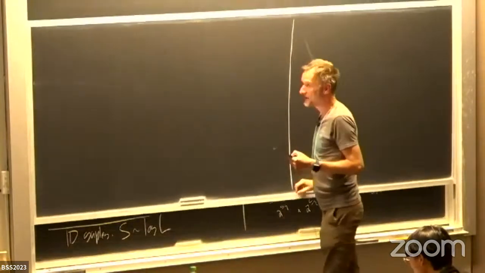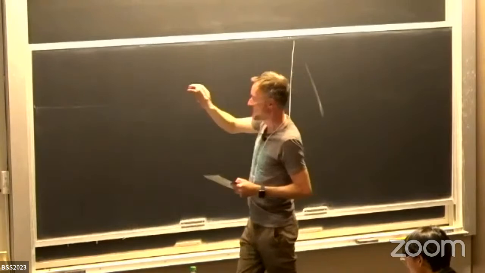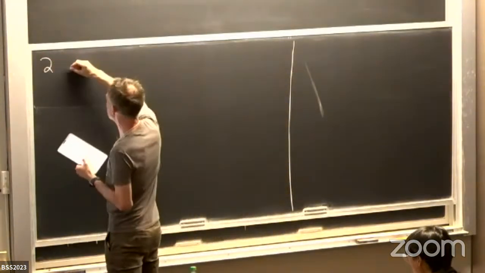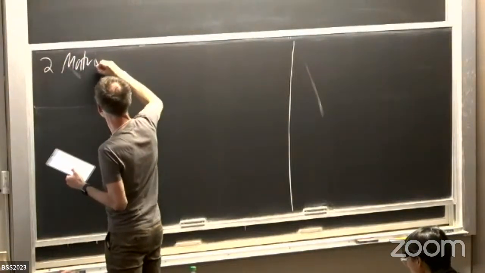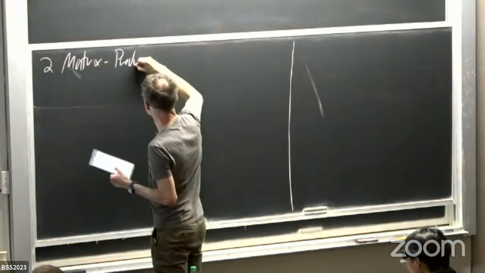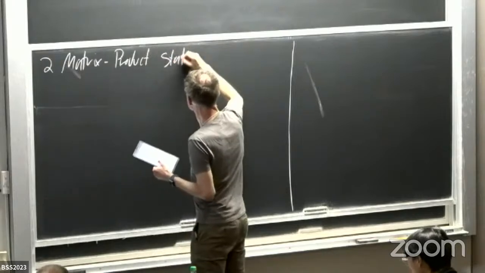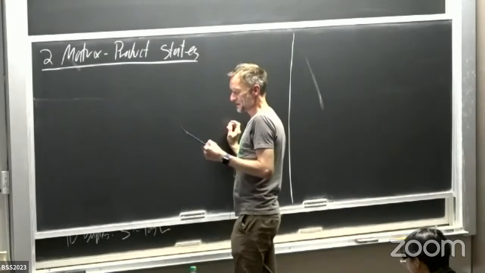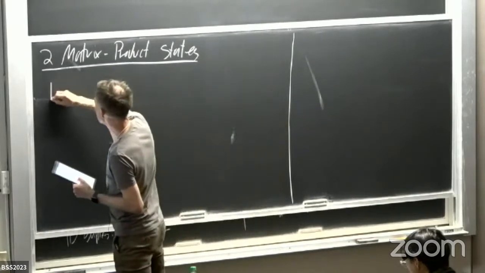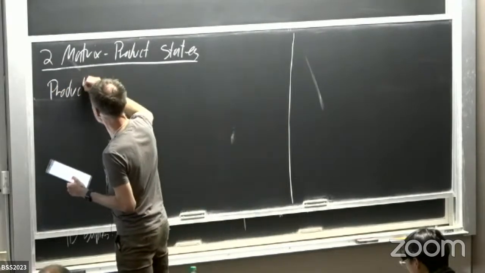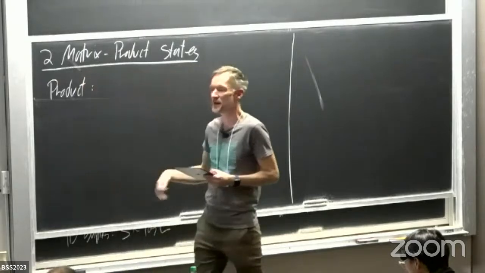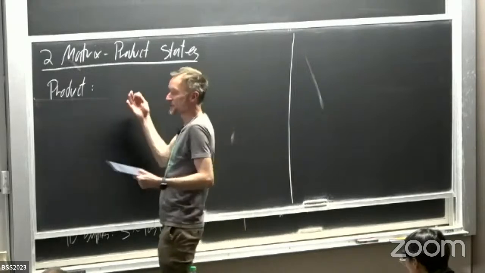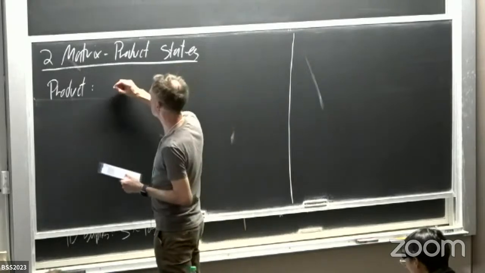And now I want to, based on this knowledge, argue that it's useful to have matrix product states. So first, just to see the similarity, if you have a general product state, you might say that you have some Hamiltonian and you want to use the space of product states as variational space.